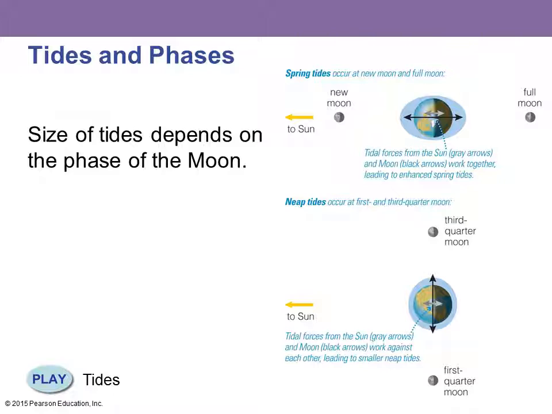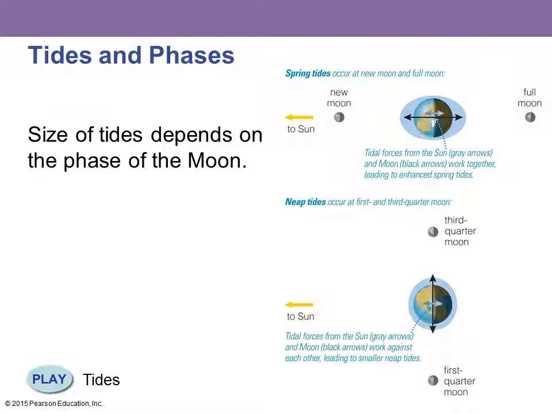So if you can for just a second, imagine the Earth rotating inside that bulge. That means that every 6 hours or so, the Earth's oceans will experience high tide, low tide, high tide, low tide. So for a 24-hour period, there's going to be 2 high tides and 2 low tides.